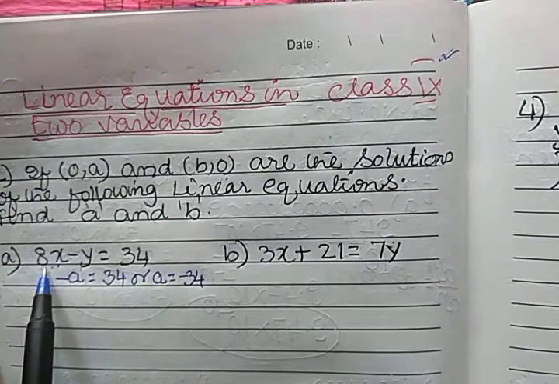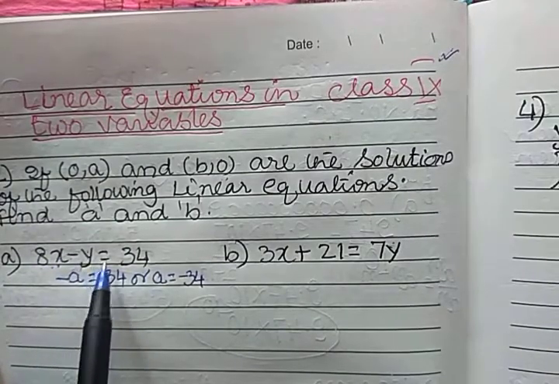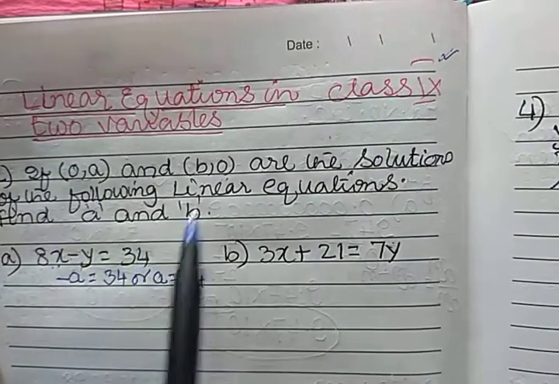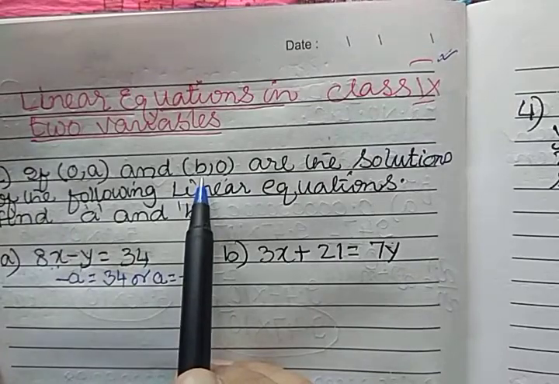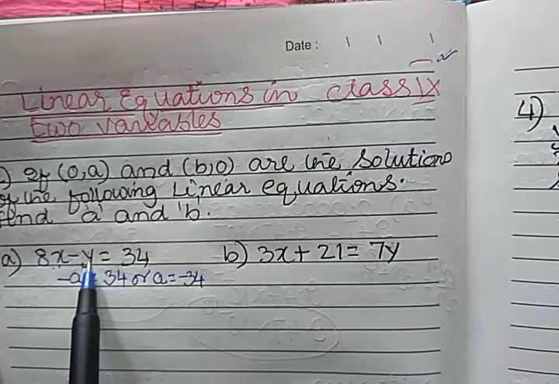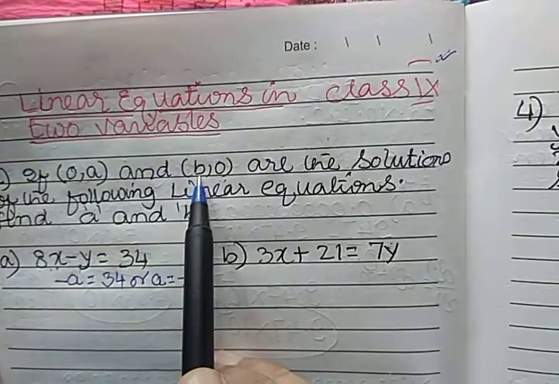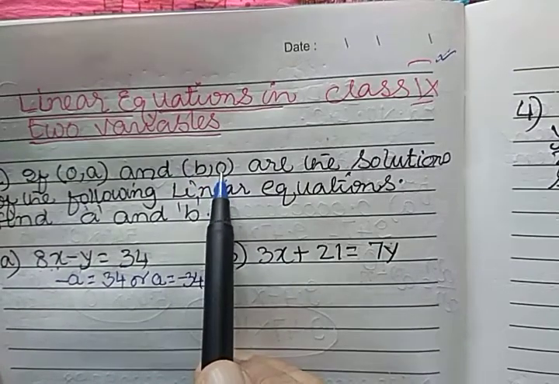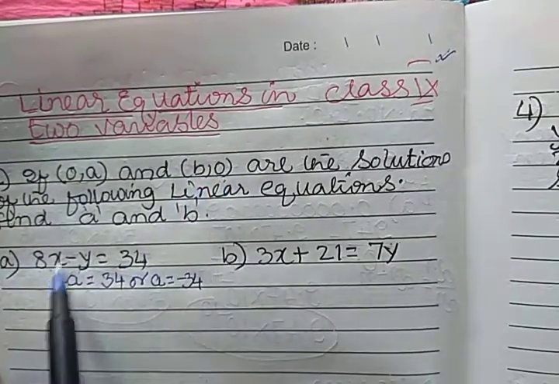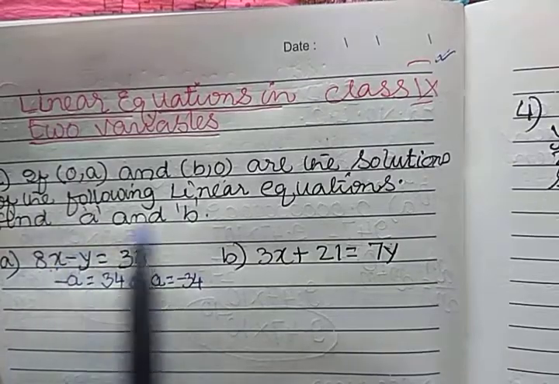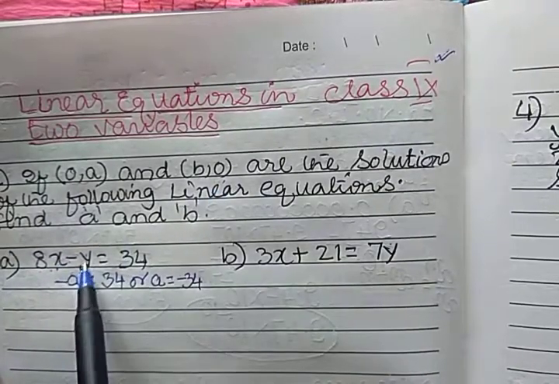In this equation, 8x minus y is equal to 34. Let us replace x by b and y by 0.